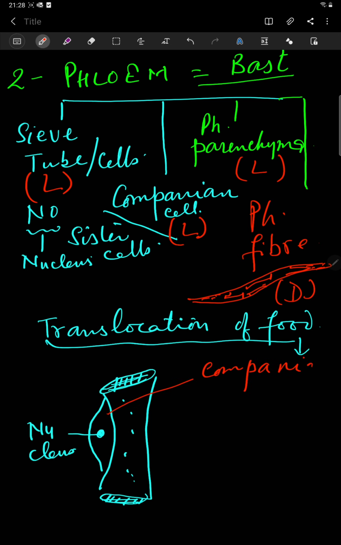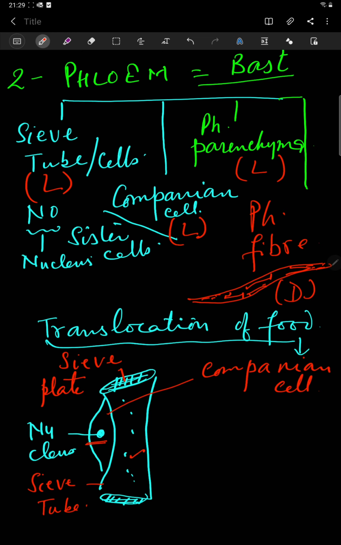The reason is that the sieve tube does not contain a nucleus, so the nucleus of the companion cell controls the function of the sieve tube. Let us label this also. This is sieve tube, sieve cell, and the perforated plate is termed as sieve plate.